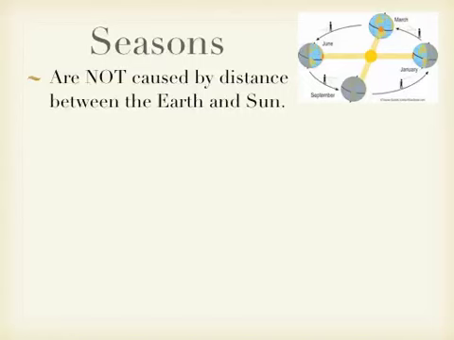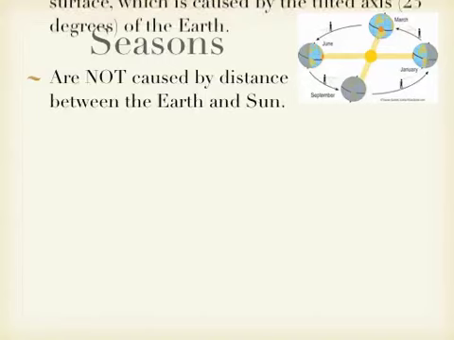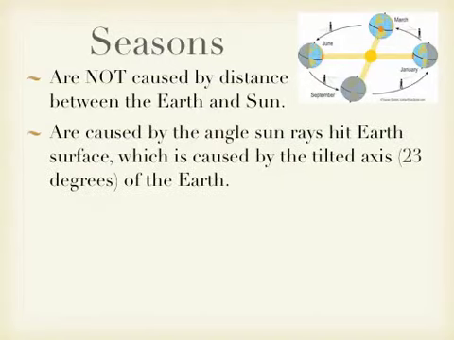Seasons are not caused by the distance between the Earth and the sun. So the Earth is not getting closer or further from the sun, causing seasons. The Earth is always a certain distance from the sun. But seasons are caused by the angle in which the sun rays hit the Earth. And this is caused by our tilted axis.